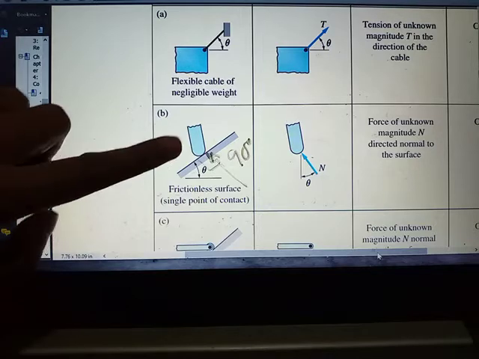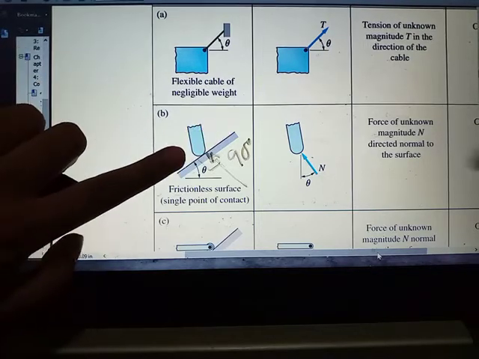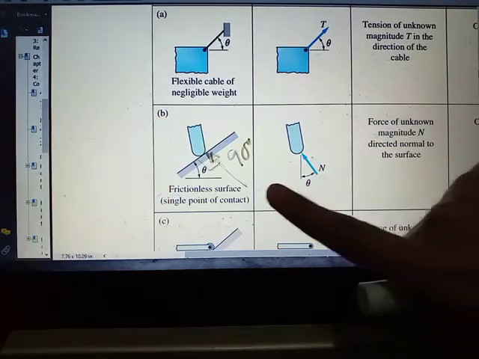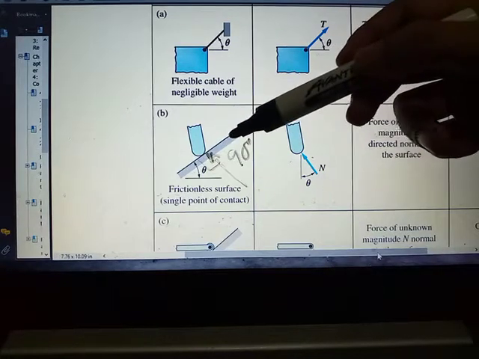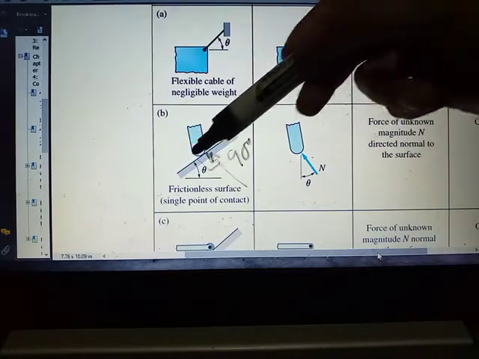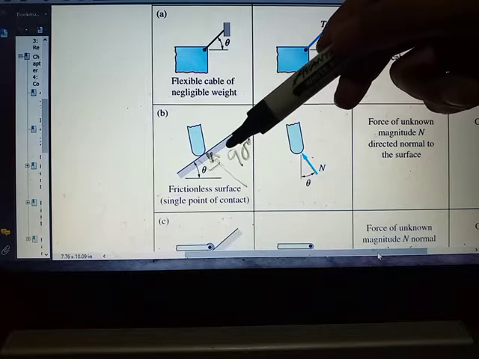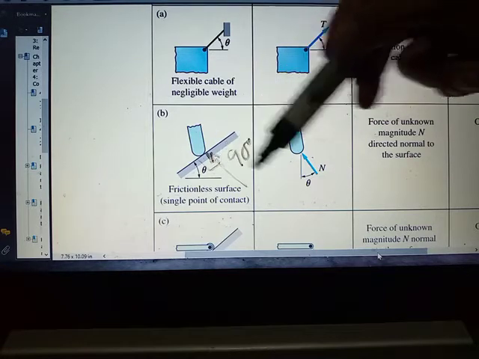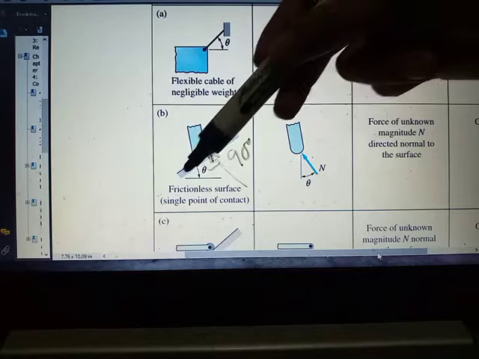Kapag ito yung surface mo, then frictionless surface siya, yung reaction niya is perpendicular to the line of action nito. Ibig sabihin, itong force mo, itong normal force mo is perpendicular dyan sa surface.